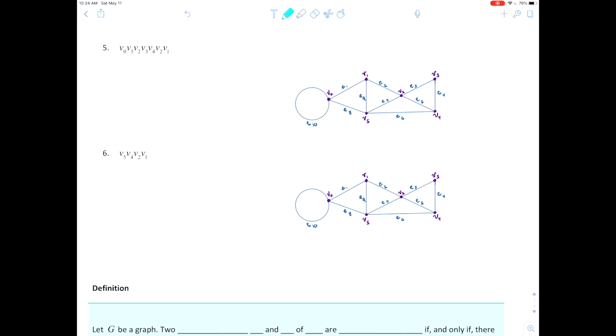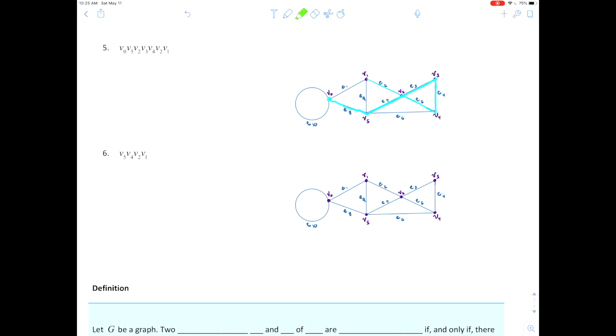It starts at V0, and it goes V0 to V5, V5 to V2, V2 to V3, V3 to V4, V4 back to V2. Do you see that V2 repeats, that vertex repeats? And then V2 to V1. We did not have any repeated edges, but we have a repeated vertex, right?